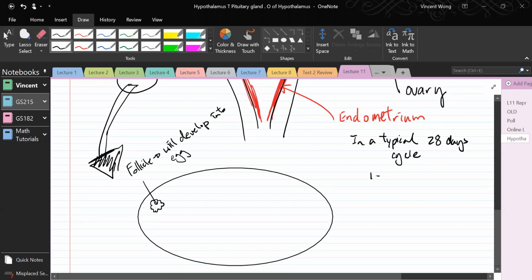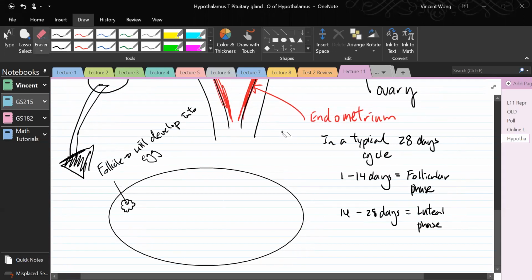The first half, 1 to 14 days, is called the follicular phase. And then 14 to 28 days is the luteal phase. And right between these two phases is the ovulation.